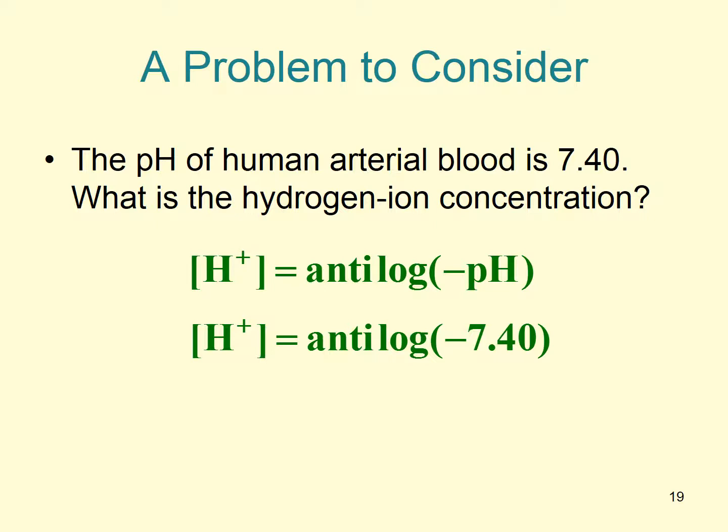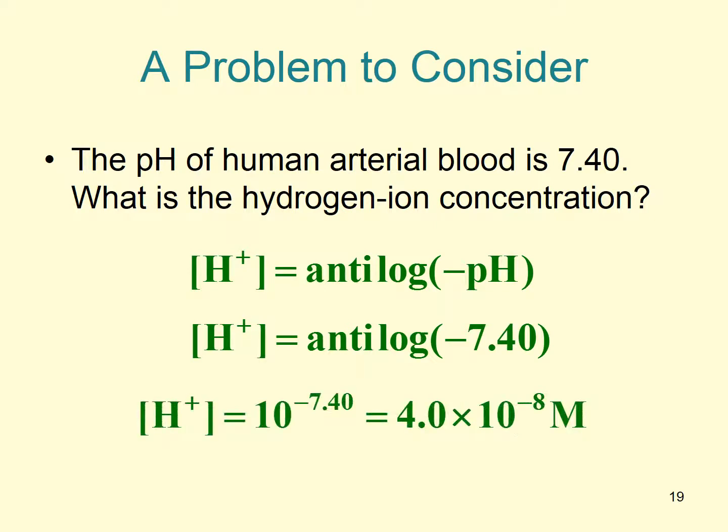So inverse log of negative 7.4 will be, as you can see here, H plus equals 10 to the negative 7.4, which is actually an okay way to write it. But we like to put it into correct scientific notation. And so 10 raised to the negative 7.4 is the same as 4.0 times 10 to the minus 8th molar. Don't forget your units of molar.